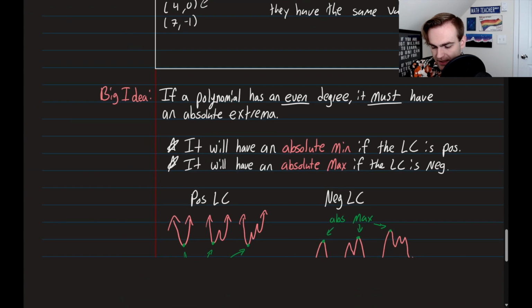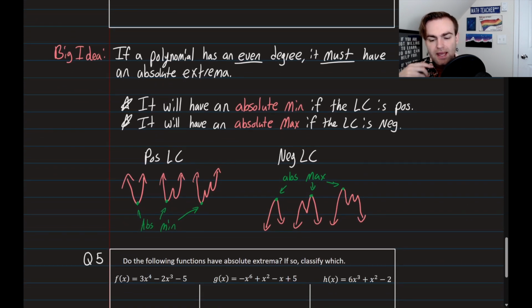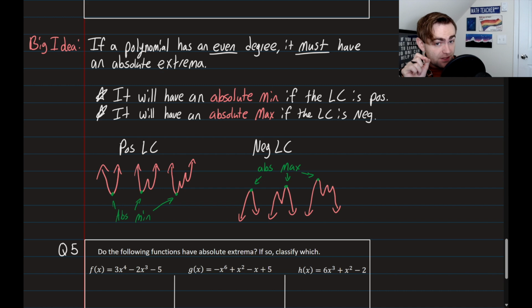Last big idea we're going to have for today is if we have a polynomial function of an even degree, then there must be an absolute extrema. Even degree means that its highest exponent is 2, 4, 6, 8, so on and so forth. As long as the highest exponent is an even number, then we're always going to have either an absolute min or an absolute max.